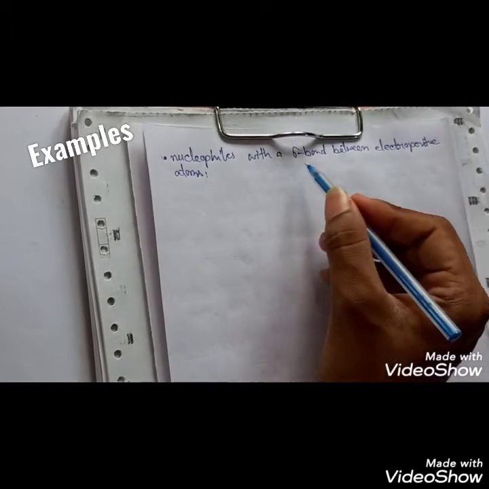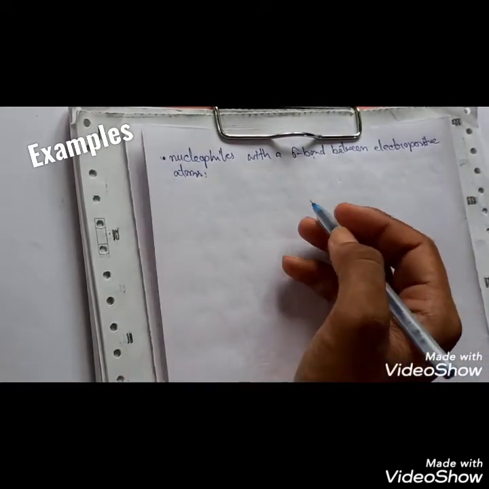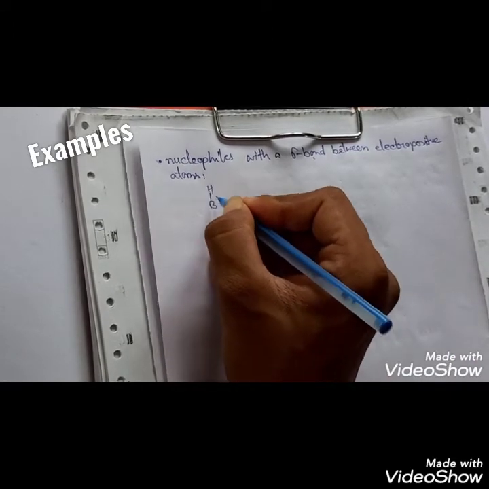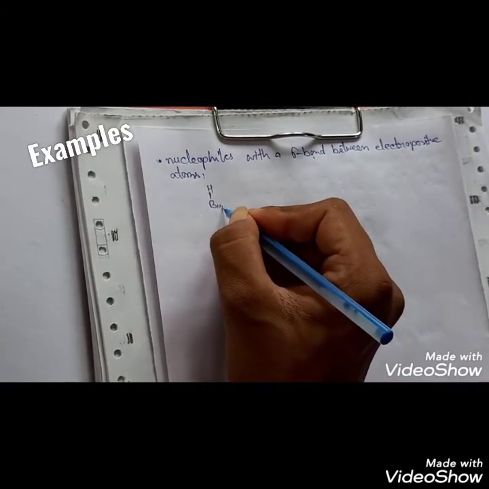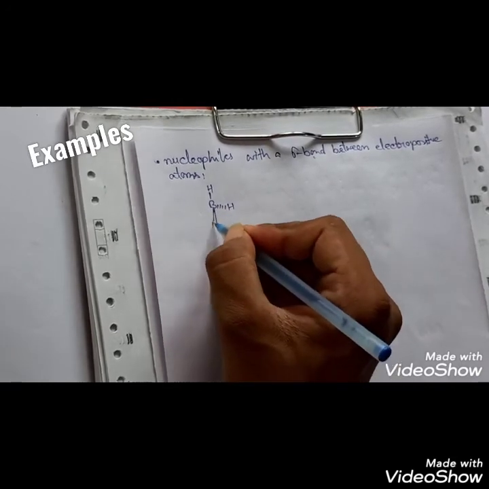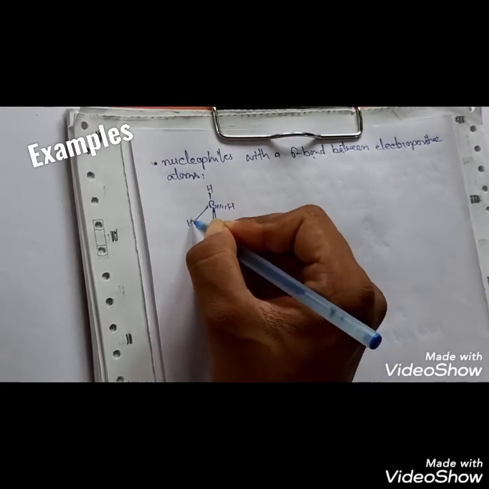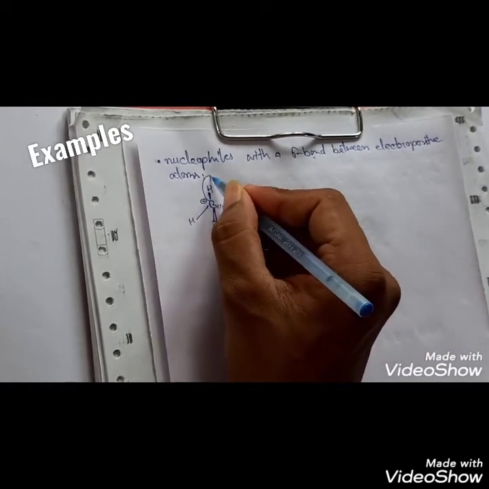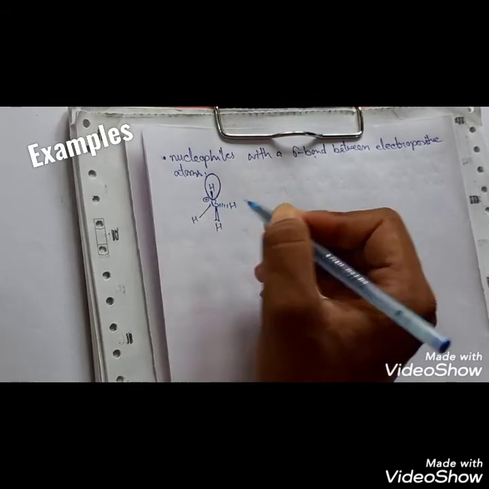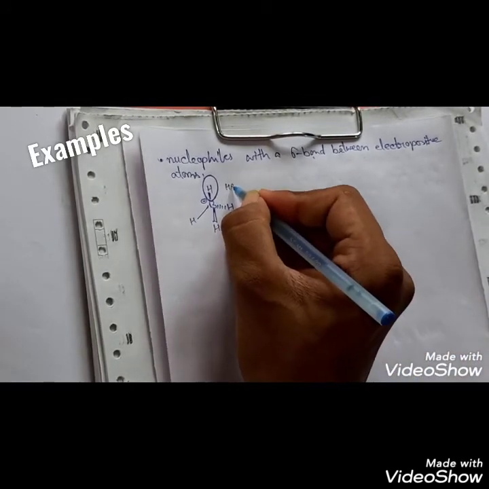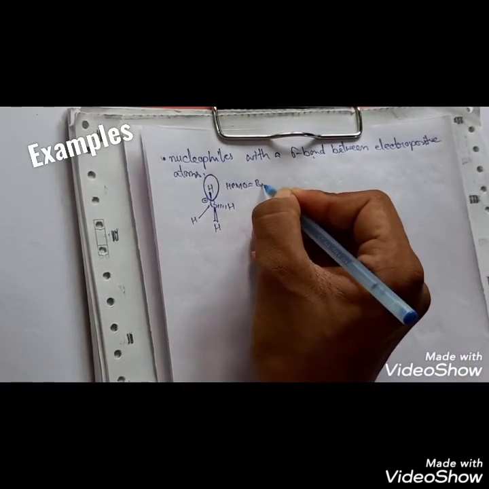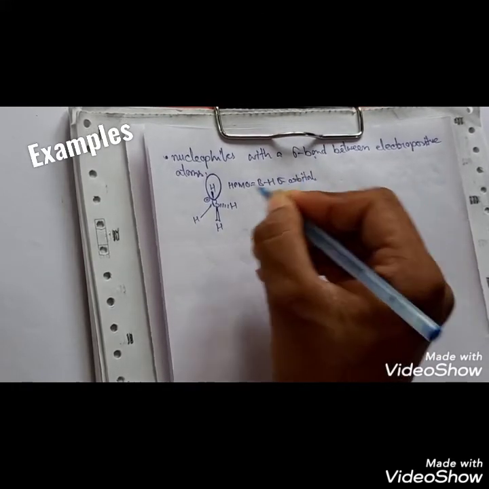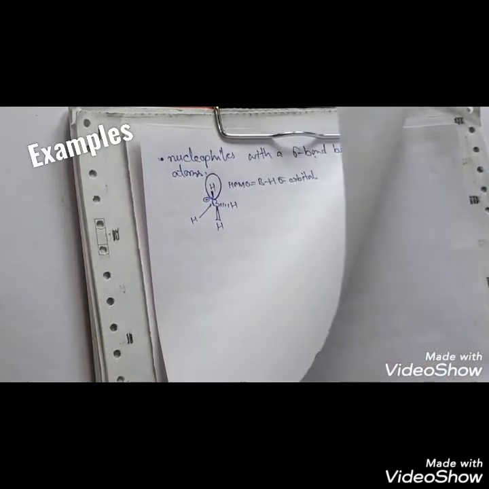So nucleophiles with a sigma bond between electropositive atoms. What are the examples? Like this borohydride, and here is a negative, okay. You can also write HOMO as the BH sigma orbital. So it acts as a nucleophile.